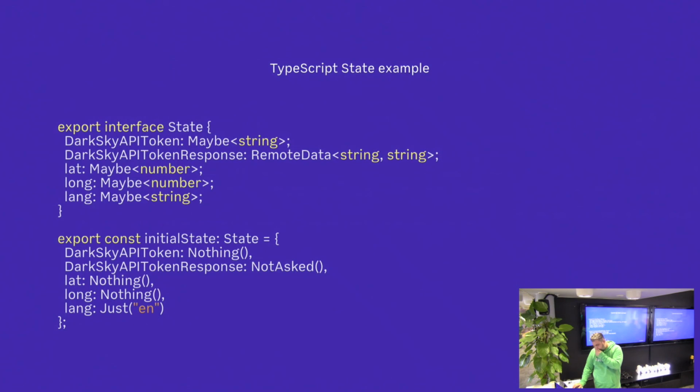Okay. So this is a state example where I have some numbers that are maybes, some strings, and that's defined as the data type. You can see that I'm setting everything, right? It's either set to nothing, or in the case of the language, I set it to English. It's either the data type, so a string with English, or it's nothing.